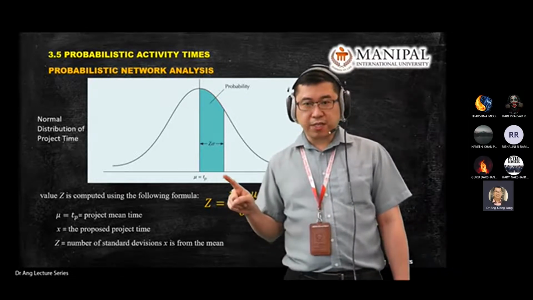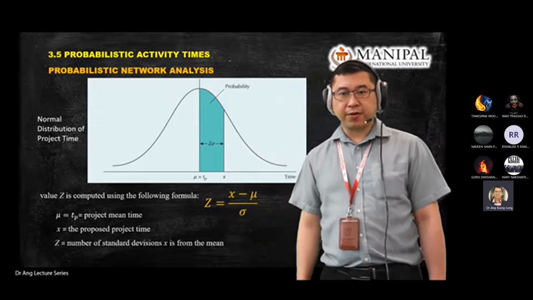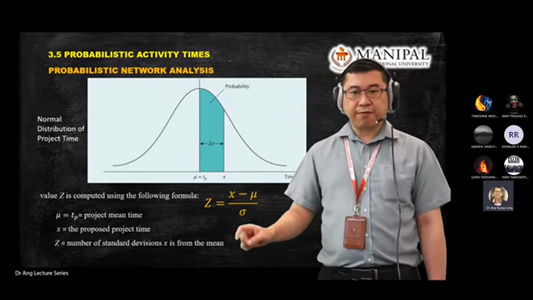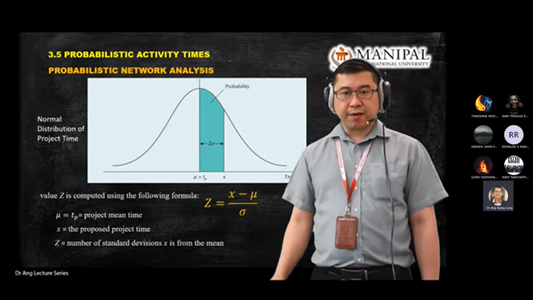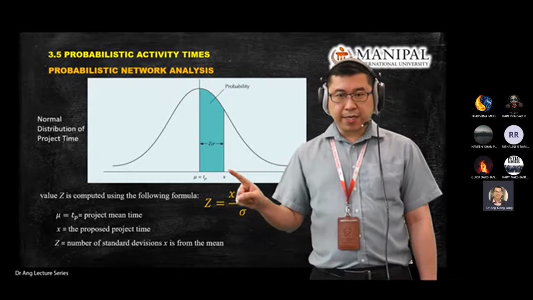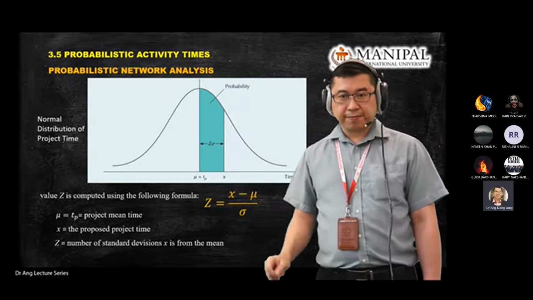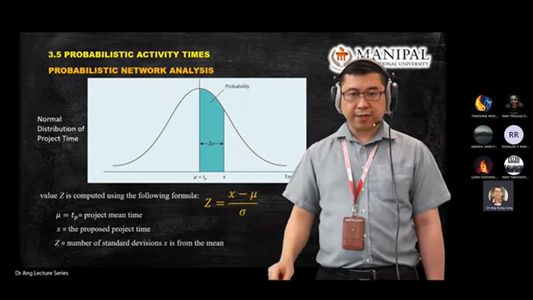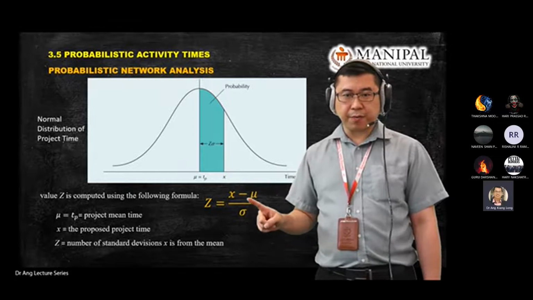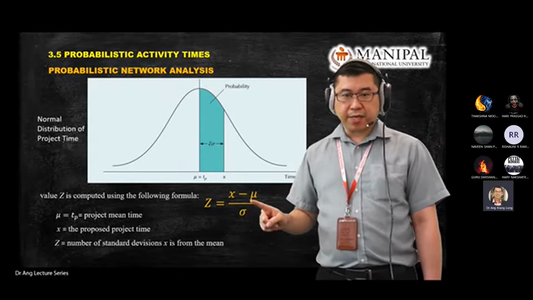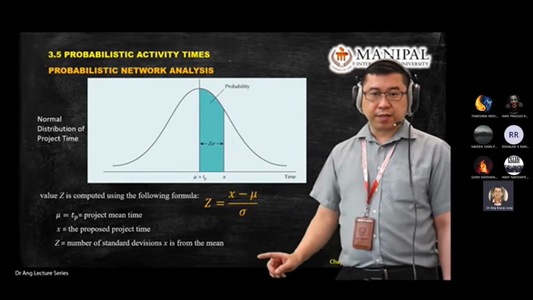Z is actually this point. Later, you read the Z value from the table that I will give you later. Or you can find it in the appendix later in Teams. All right. So Z is something that you find on the curve here. You plot here. Okay, this is your Z. Z equals X minus mu. Mu is the mean, divided by the variance.